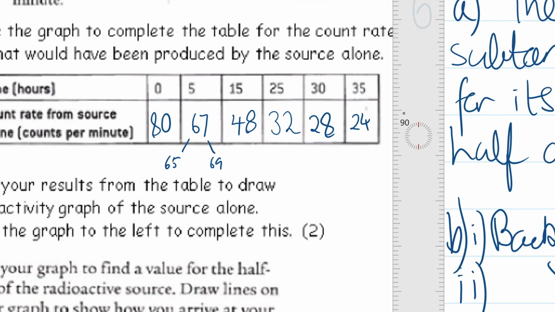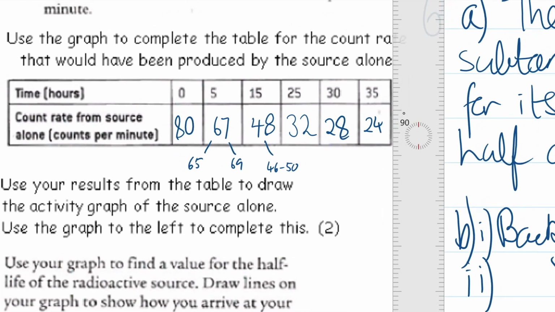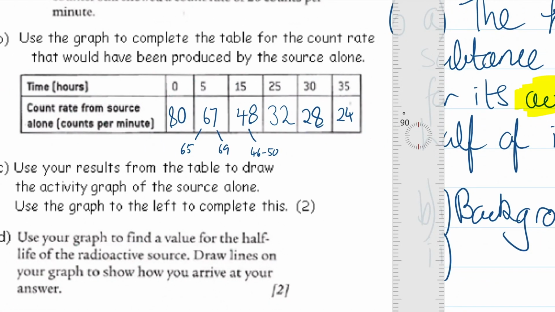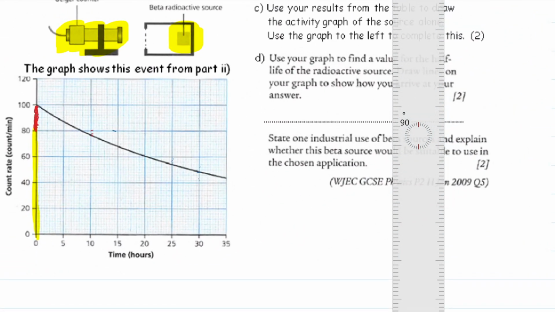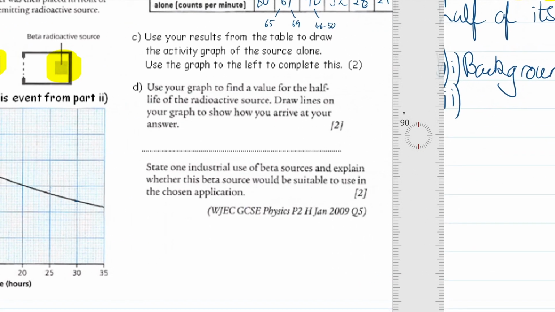Next one, between 46 and 50. Quite a generous level of tolerance there. Perhaps it'll just be 1 mark or one count rate either side, but we'll give you that tolerance because sometimes when you photocopy graph paper, it's not so easy to get that level of accuracy when you read it.